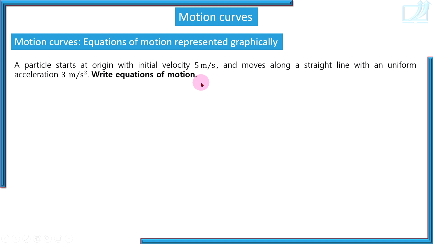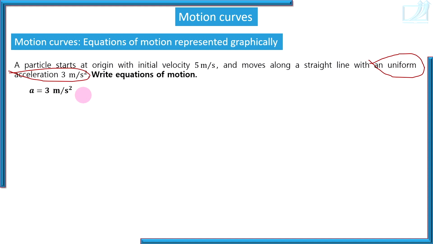So simple. This is standard motion, uniform acceleration motion. So in this case, uniform acceleration is 3 meters per second squared. So this is the first equation of motion, acceleration 3 meters per second squared. What do you mean by equation of motion?